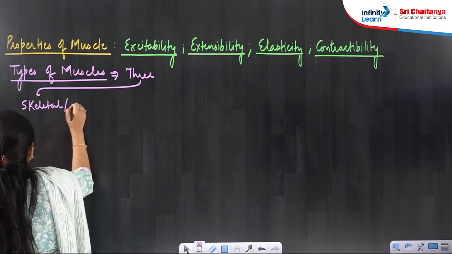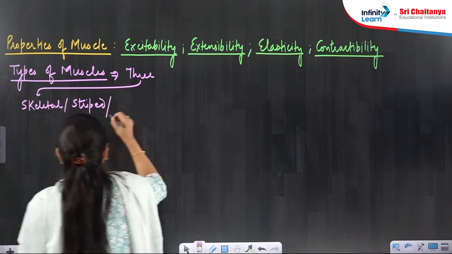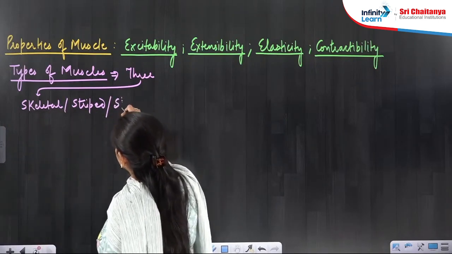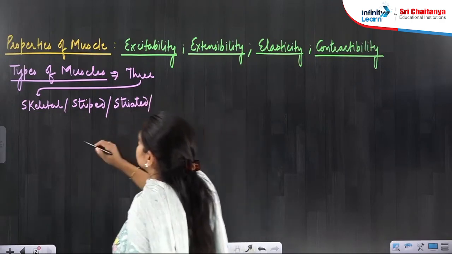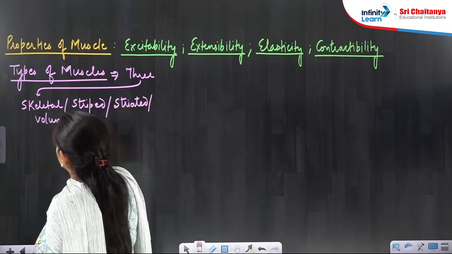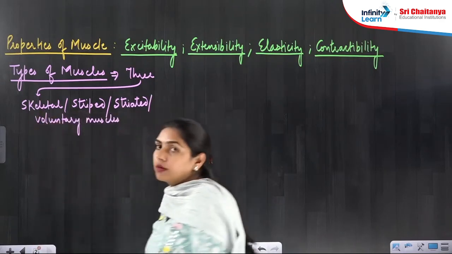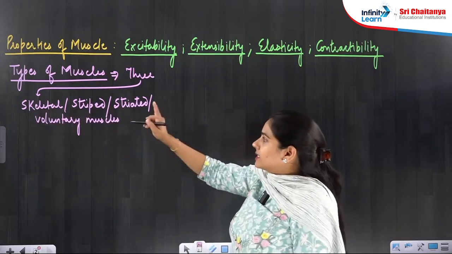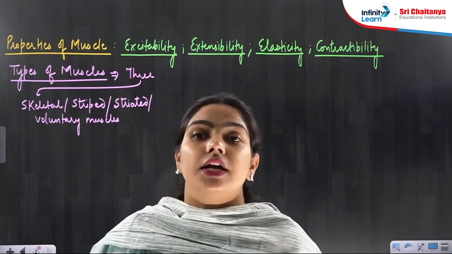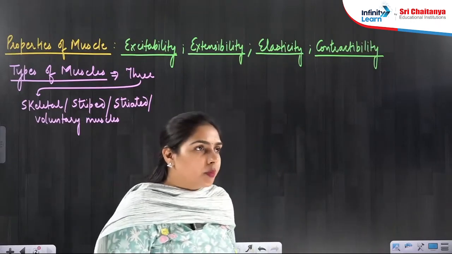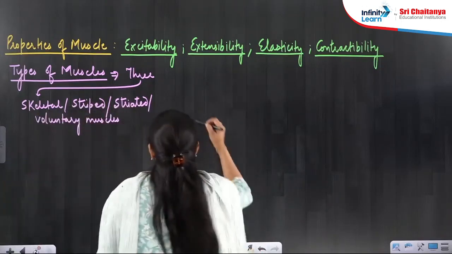Skeletal muscles, also known as striped muscles, striated muscles, or voluntary muscles. All these are the names of skeletal muscle. Skeletal, striped, striated, voluntary, because these are the only muscles which we can control. So skeletal muscles are voluntary muscles. Voluntary muscles means we can control.